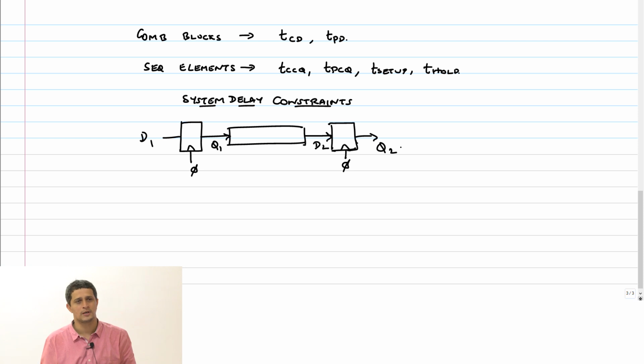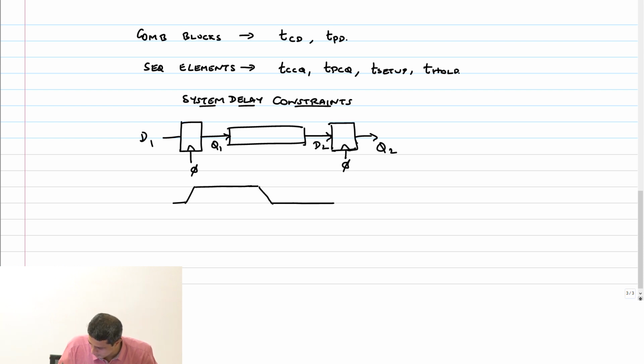So right now I am assuming that the clock period is given to me. I have a clock period and the time period is Tc, okay. So let's assume that the clock is like this, okay.